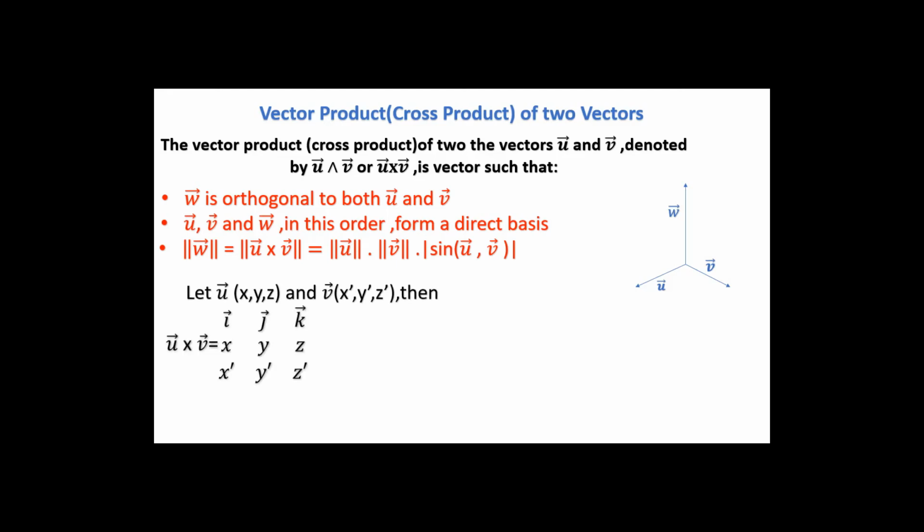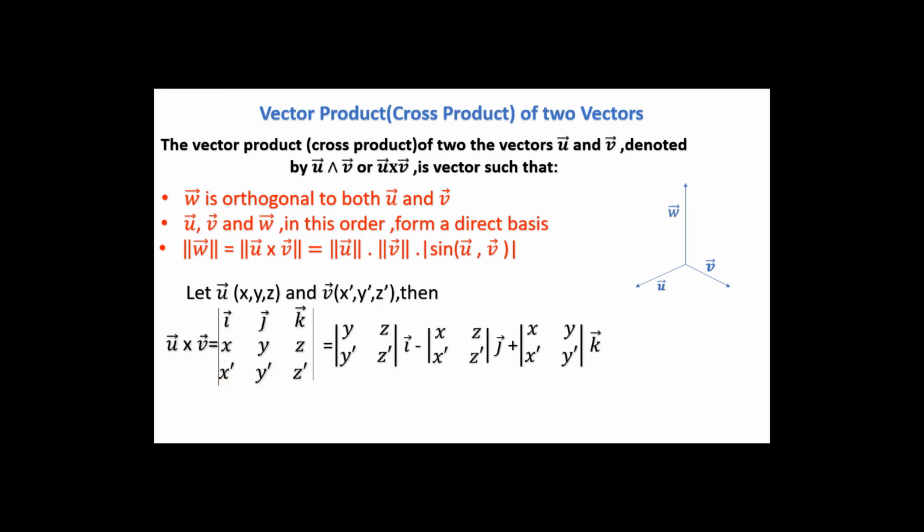Let vector u and vector v, then u cross v equals the determinant with vectors i, j, k, vector u x, y, z, vector v x prime, y prime, z prime.